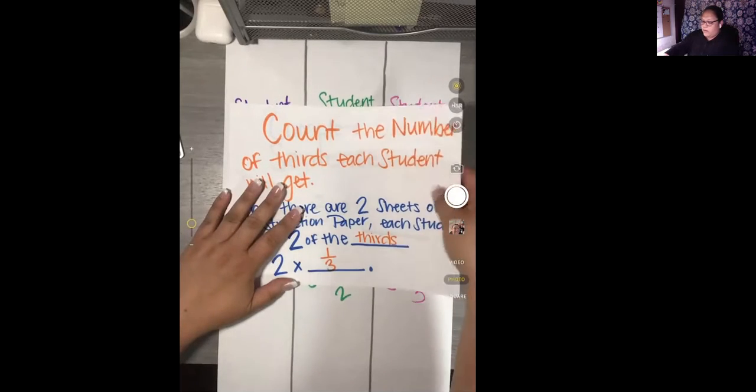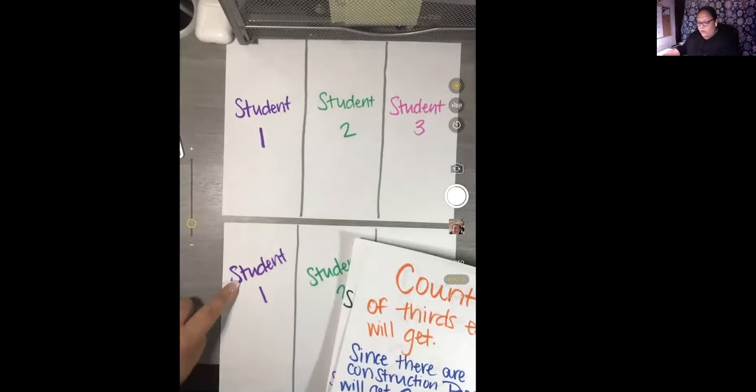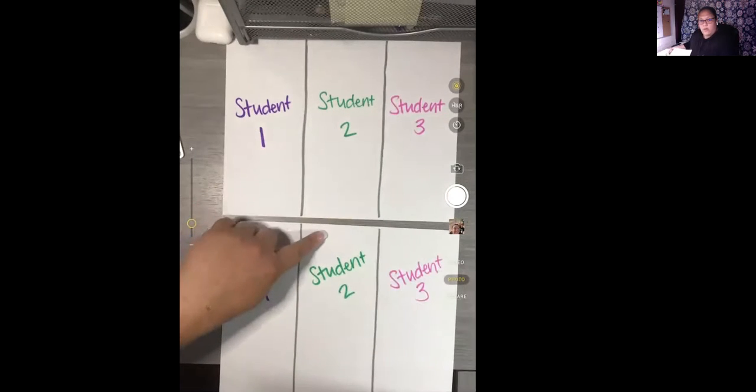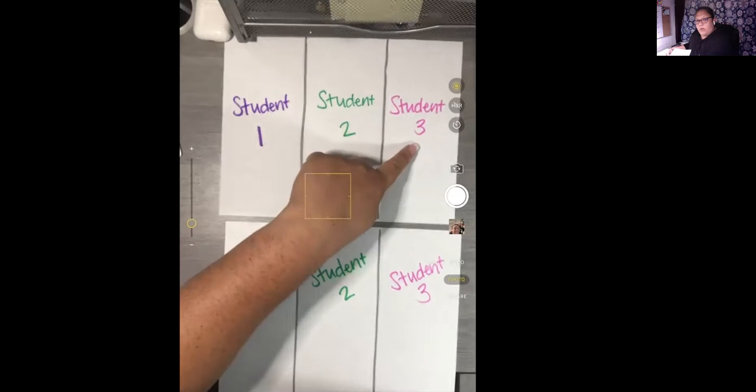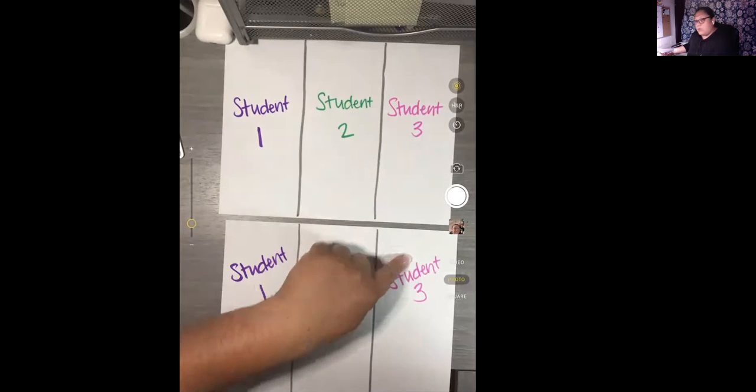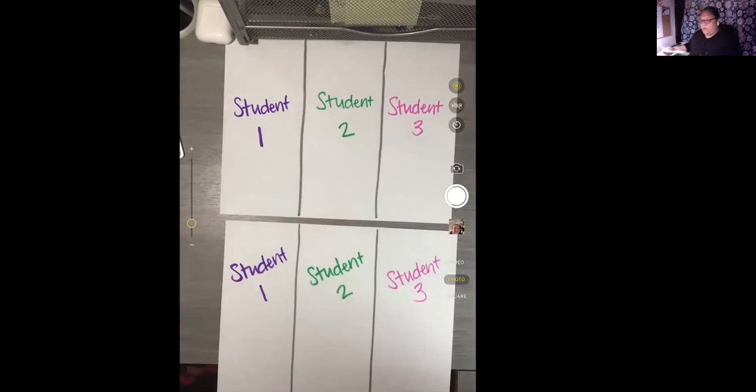So we have 1/3 here and 1/3 here. Student 2 will get 1/3 here and also 1/3 here. Student 3 will get 1/3 here and 1/3 here. So each student will get 2 times 1/3.